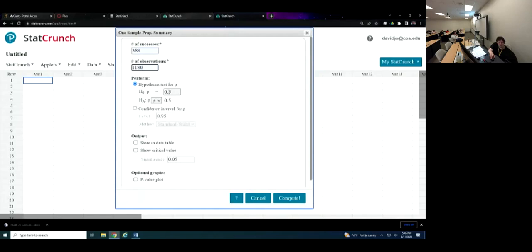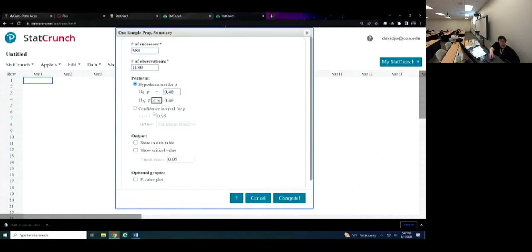All right, so my proportion I'm looking for is 0.40. We change it on the H0. Notice when I change it on the H0, HA automatically changes to have the right value. The only thing you've got to do at this point is make sure you have the right symbol here. We need the less than. That's it.